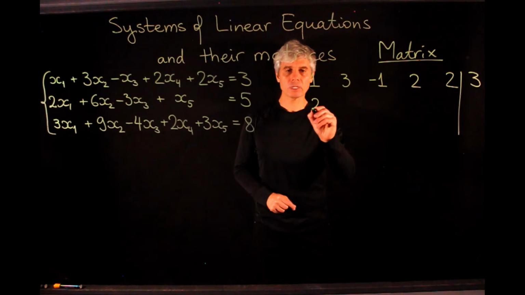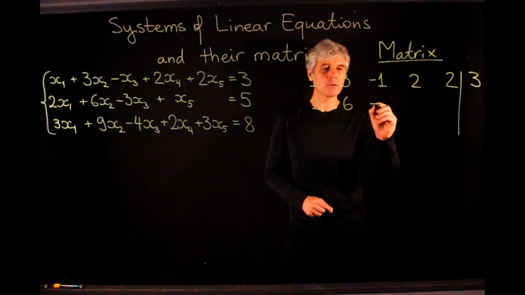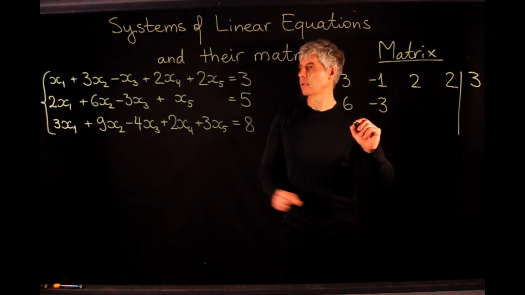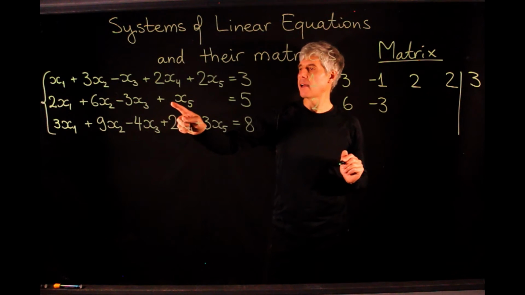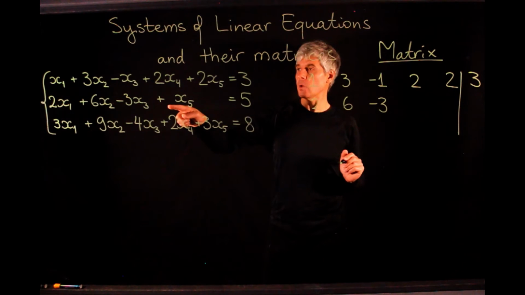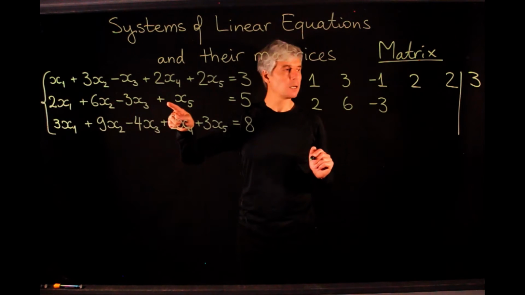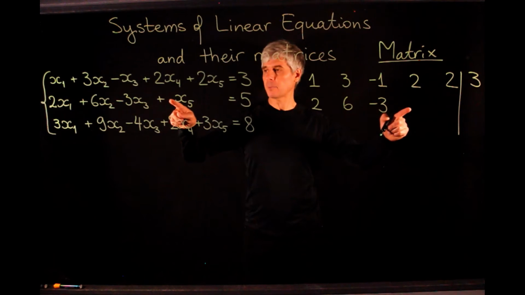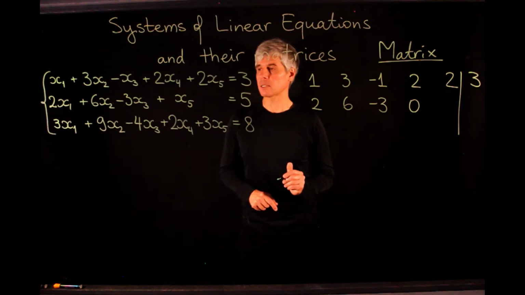Then we take the second equation. The coefficients are 2, 6, minus 3. And then we have to be careful. The next term is x5, and there is no x4 term. So in this position, we should record a 0 to indicate that the x4 term is missing.